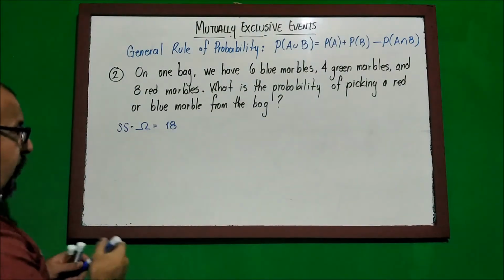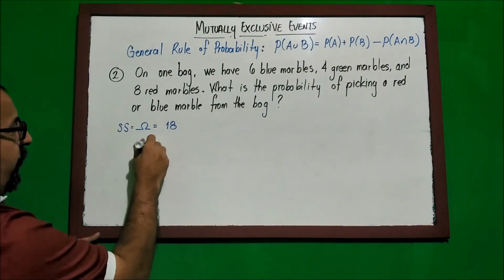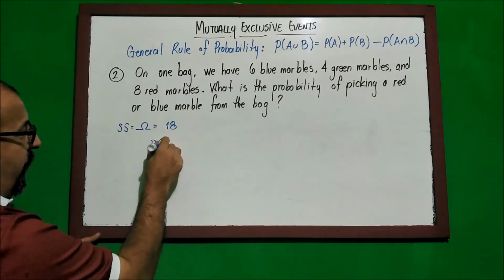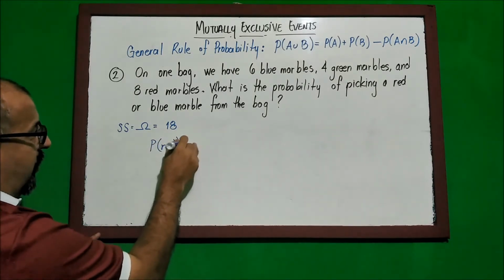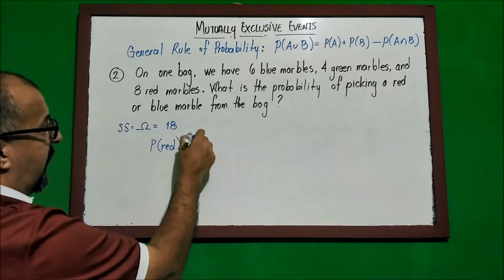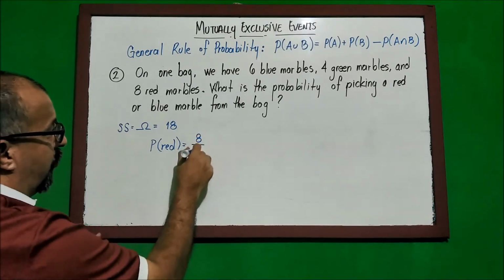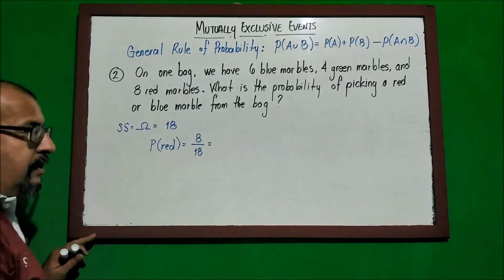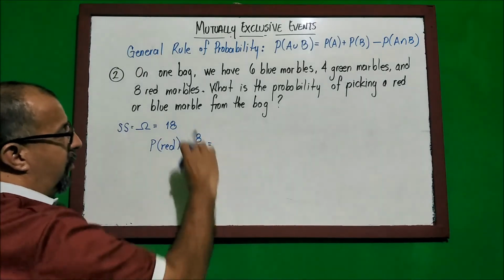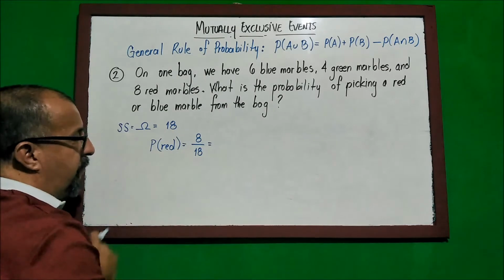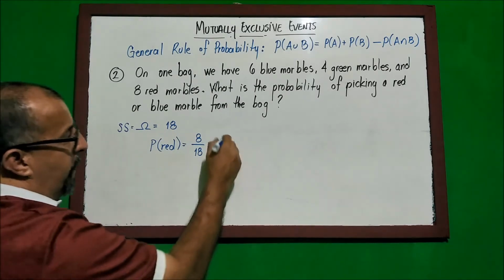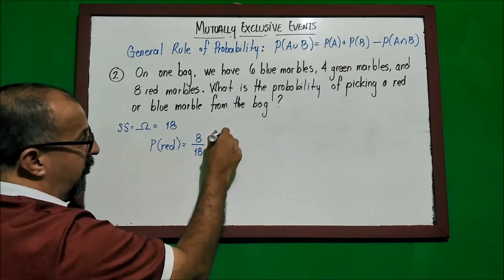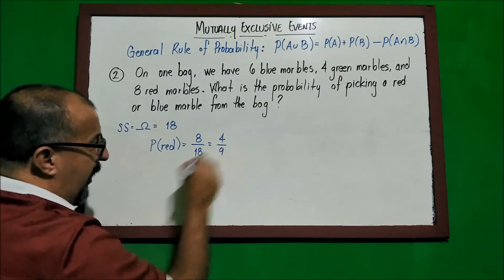So, the probability of picking a red marble will be equal to 8 over 18. And in this case, people, we have to simplify our fractions. So we can see that this can be simplified by 2, both of them. So we will have 4 over 9.